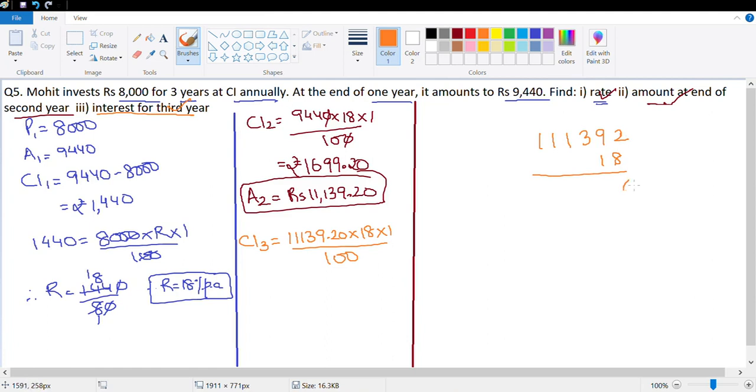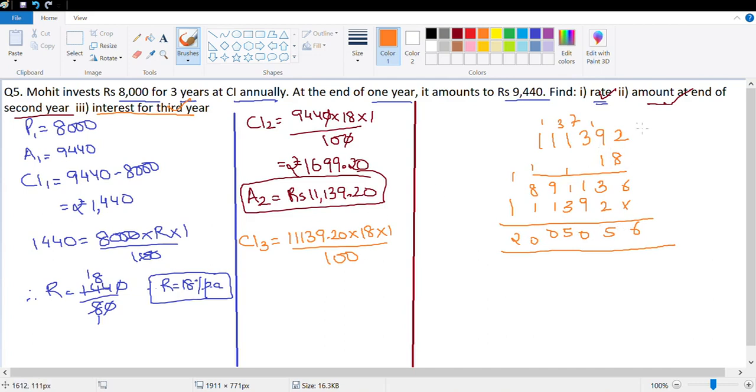That's 8 into 2, 16, 72 plus 1, 73, that's 24 plus 7, 31, and that's 2005056.